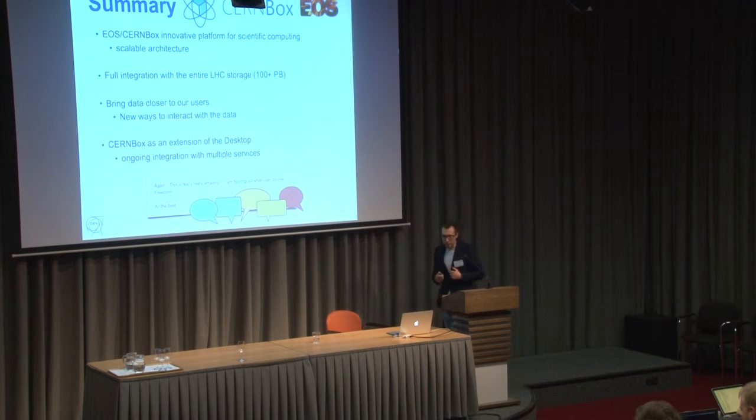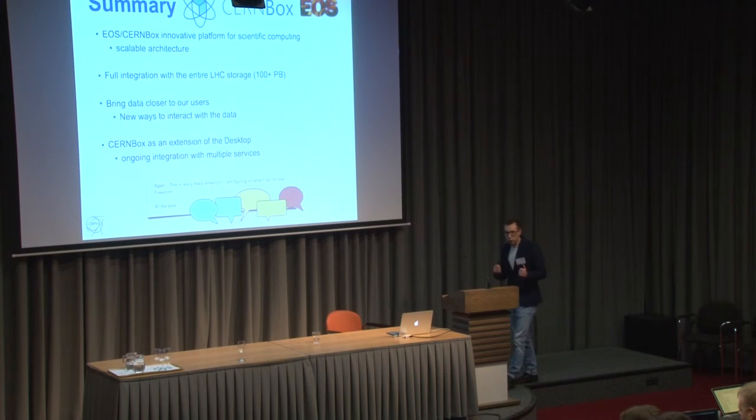In particular, we also have a scalable architecture that can grow and shrink on demand, depending on our users' demands. We have a full integration as well, not only with user data, but also with a 100 petabyte storage system, which contains all the physics data, which is quite powerful.